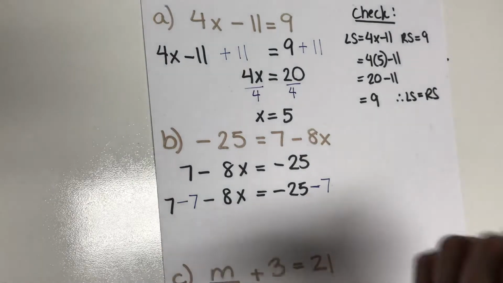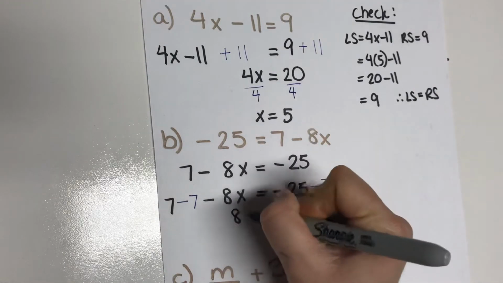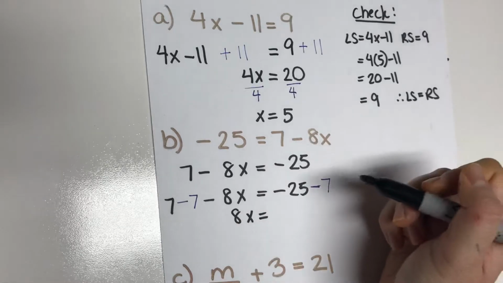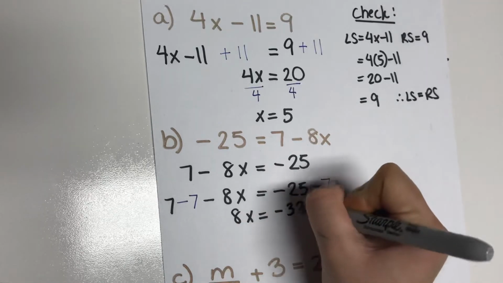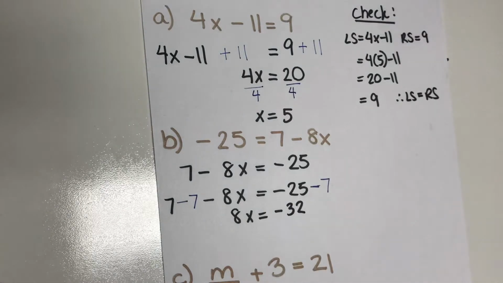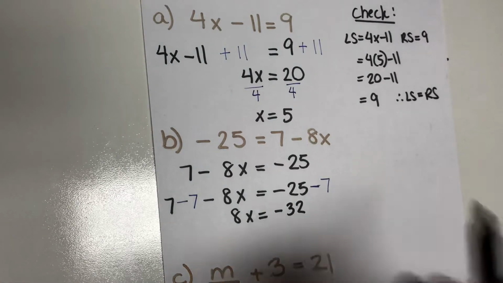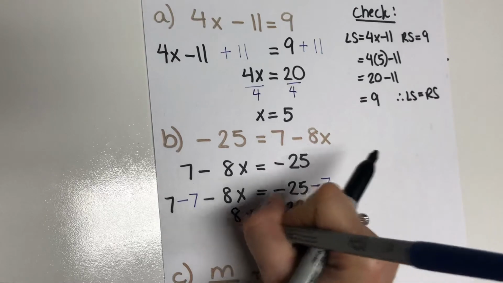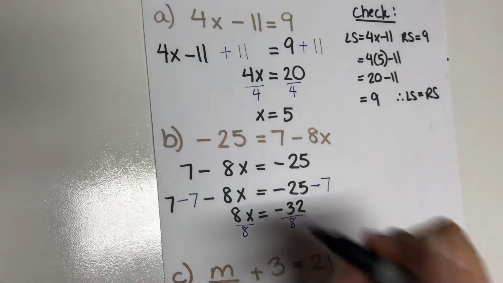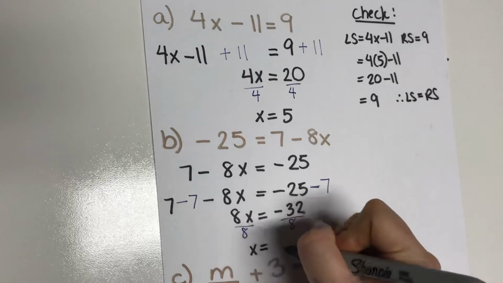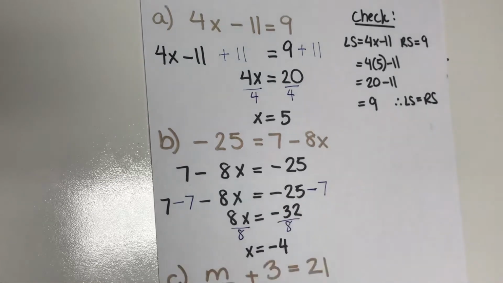And now 7 minus 7 is 0, and I'm left with 8x is equal to negative 25 minus 7 is negative 32. Now it's just one step. Divide both sides by 8, because here it's being multiplied, so the opposite of multiplying is dividing. And I'm left with x is equal to negative 4 as my final answer.